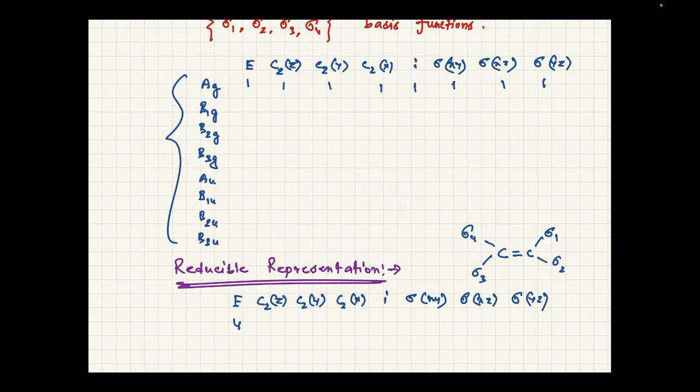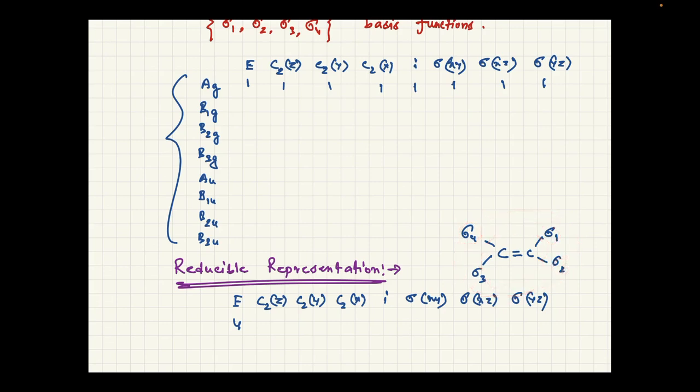Okay, then the next operation, C2Z. So C2Z is like this. This is Z, this is X, and this is Y. That means XY is the molecular plane, and Z is above the plane. If you perform a 180 degree rotation around the Z axis, then sigma 4 comes here, sigma 2 goes to sigma 4, sigma 1 becomes sigma 3, and sigma 3 becomes sigma 1, right?